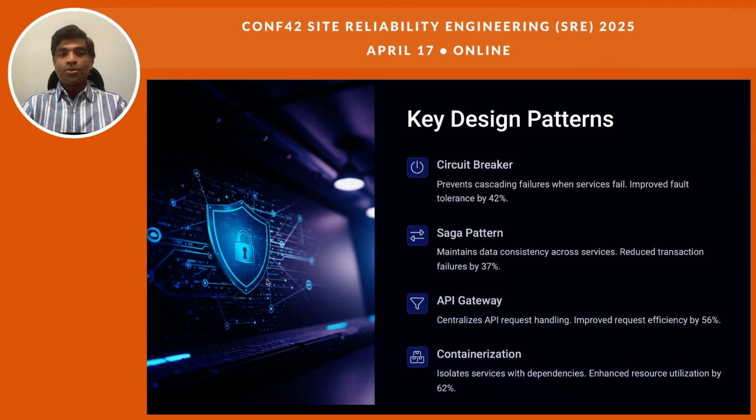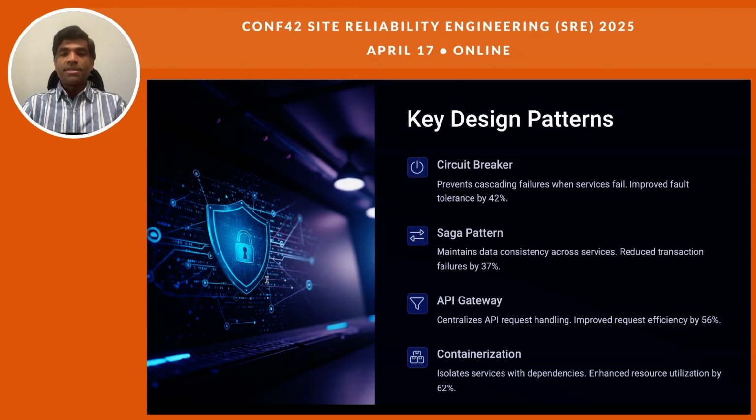One of the most critical design patterns that we use in microservices is the circuit breaker pattern. Let's take an example of an electrical circuit breaker, where this pattern acts as a protective mechanism that halts calls to a failing service to prevent the failure from cascading throughout the system.